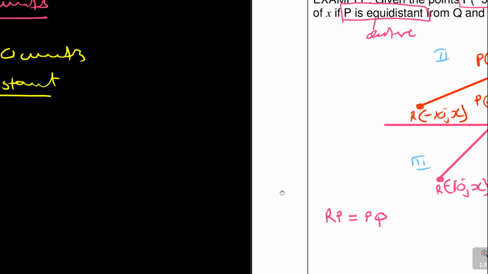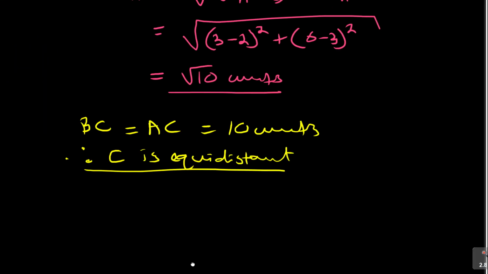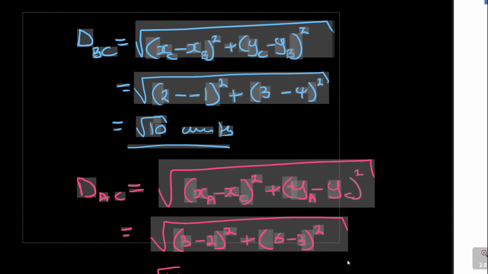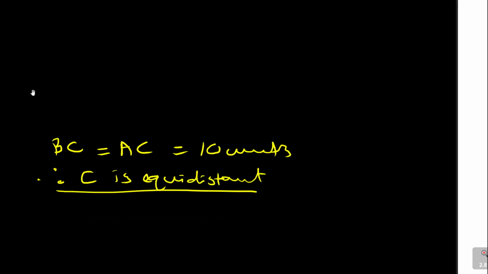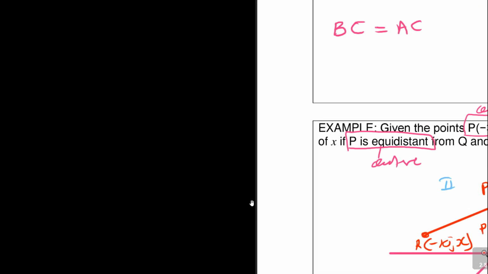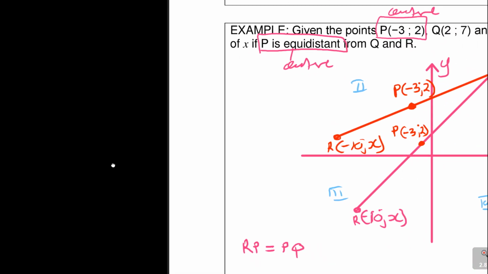So when you write that, it will then start making sense. Let me take this off for now. I just don't want that, it was from the previous lesson. So let's look at this now. We are saying when you're looking at being equidistant here, the distance RP is equal to PQ.